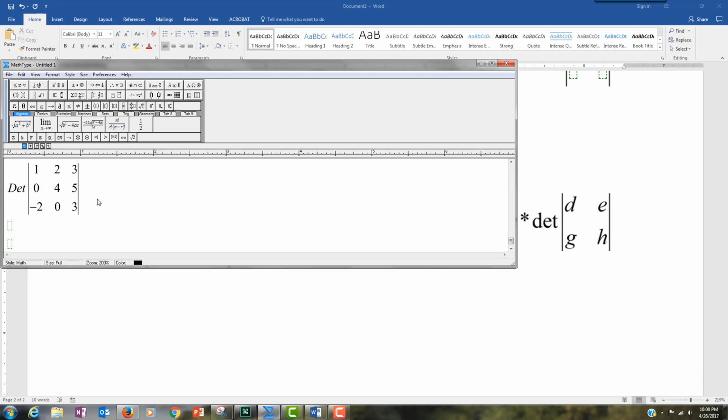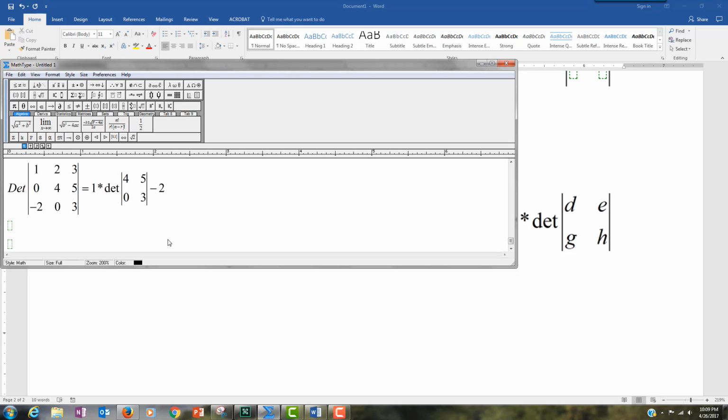Okay, in this 3x3, we're going to find its determinant. I'm going to show you two approaches. First, I can just do the 1, 2, 3 approach. So that's 1 times the determinant of, covering up the row and column, 4, 5, 0, and 3.